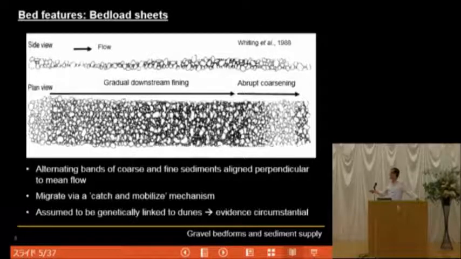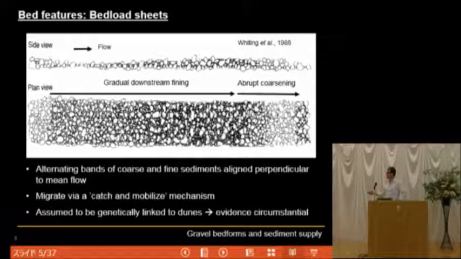That fine sediment finds its way over here into the coarse part of the sheet and infills the pockets in between the coarse grains. That accelerates the flow velocity in this region and increases the drag on the particles, and then these large particles pop up and move on down to the next coarse patch. And so these features migrate downstream in that fashion.